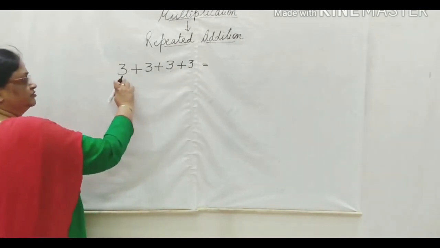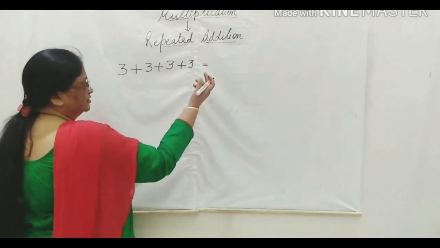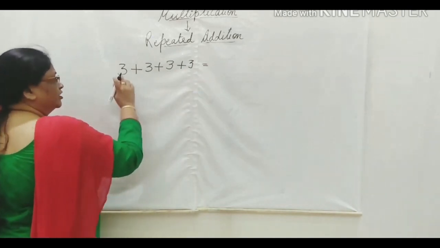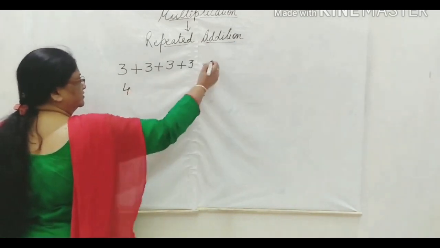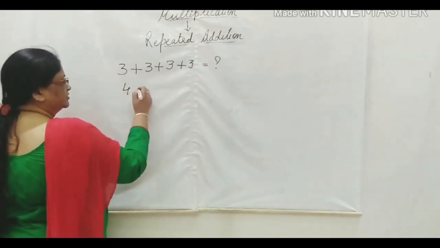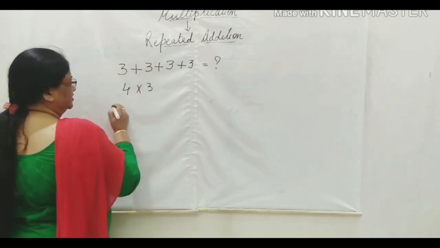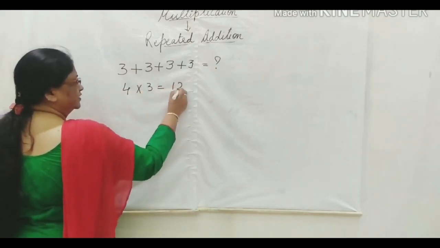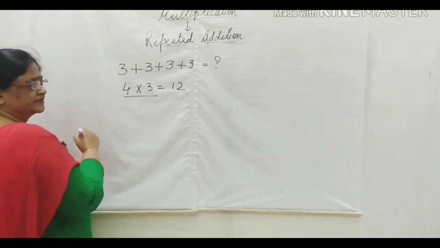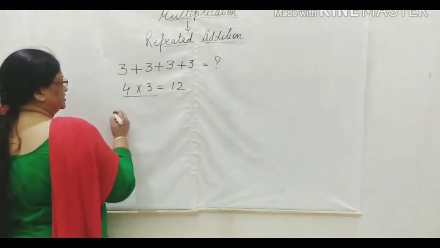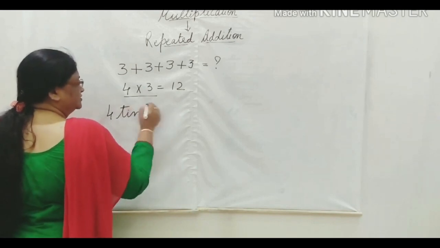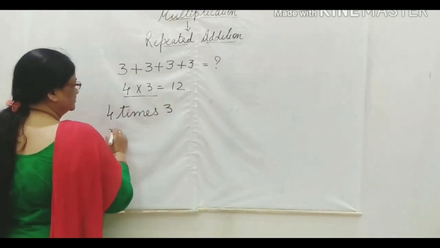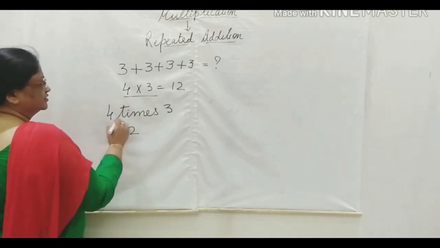If we keep on adding 3 plus 3 plus 3 again and again, it is better to count how many times it is: 1, 2, 3, 4. So we write 4 times 3, which is equal to 12. Straight away we can multiply like this by counting how many times it is. We can also write it in another form, 4 times 3, and that is 12.